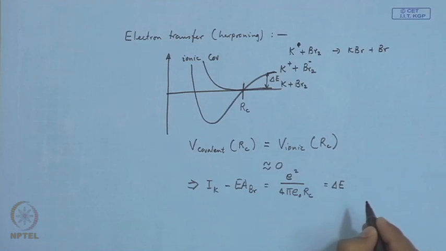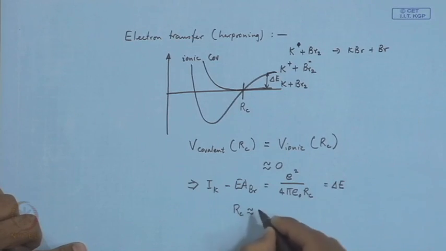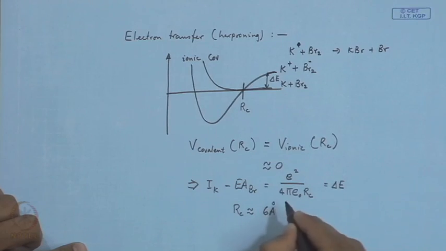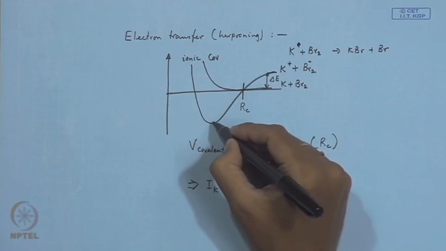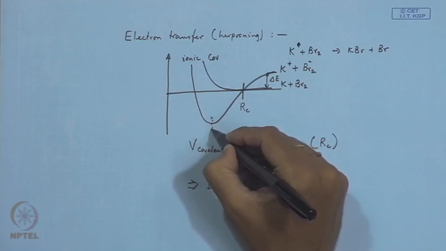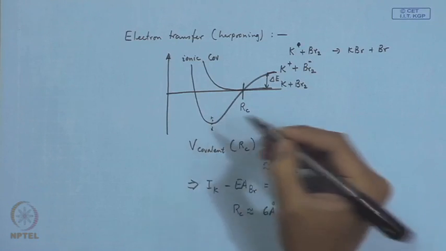Now, in this case RC is of the order of 6 angstrom. Means further from the true ionic potential energy curve minimum.